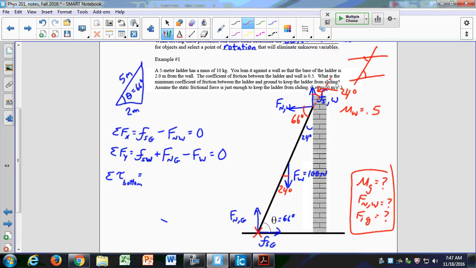Remember, when you're finding your torque, it's F R sine theta, and your theta is always between the force and the moment arm. The moment arm runs along the object or extends from it. So we always need to find the angle between the force and the moment arm. You'll need to do that for your take-home as well, because sometimes you have angles for your forces. So, the sum of the torques with the axis of rotation at the bottom.